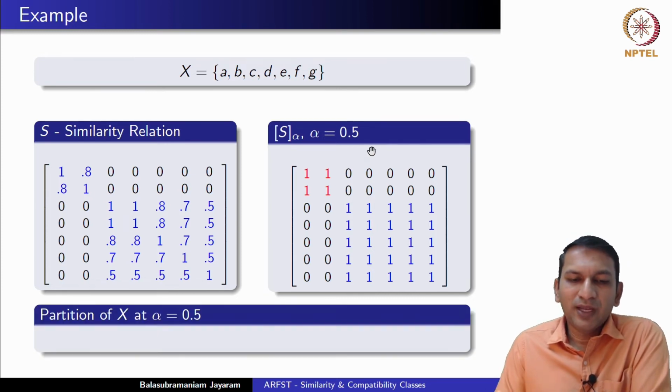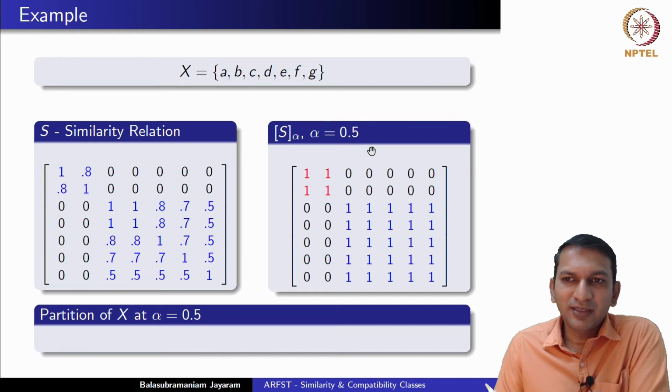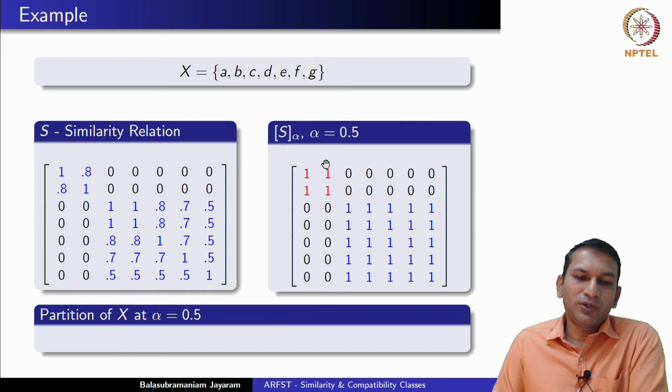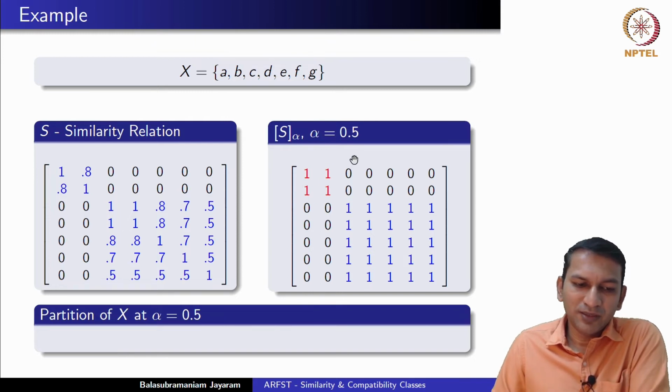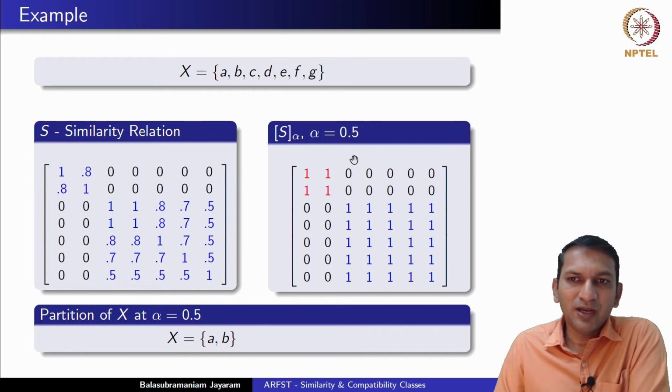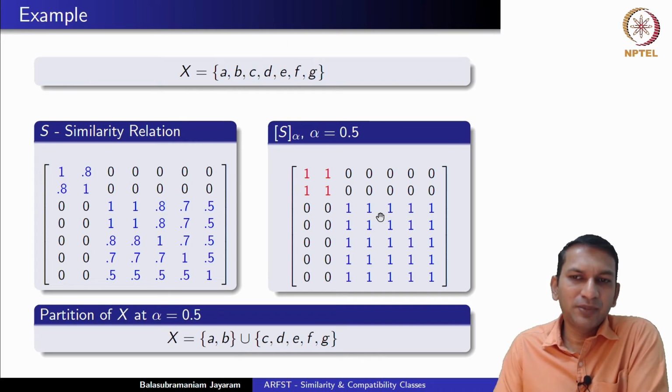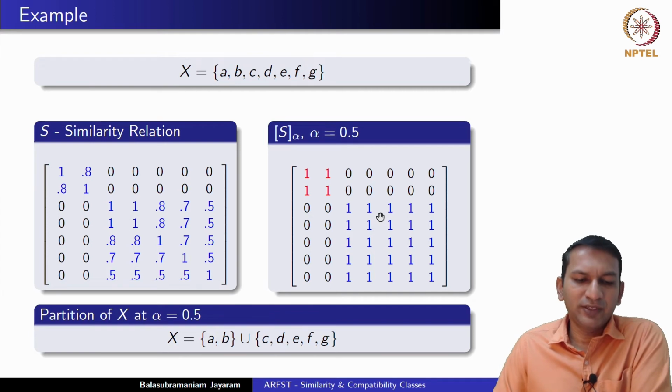So we can obtain a partition of X at the level of alpha equal to 0.5. What would this be? Look at this block structure. It means we have one block A, B. These 2 elements are related to each other to a degree greater than or equal to 0.5. And all of these elements, C, D, E, F, G, are related to each other. Any pair of elements that you take from here will be related to a degree of at least 0.5.